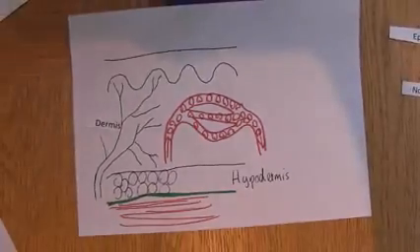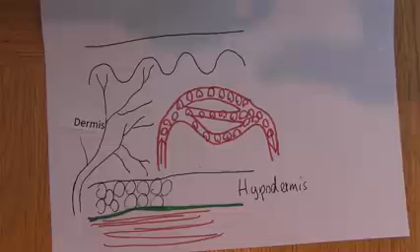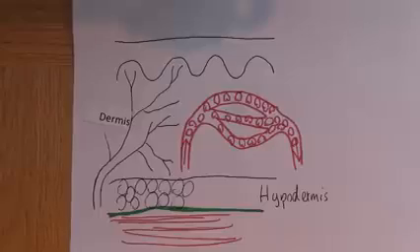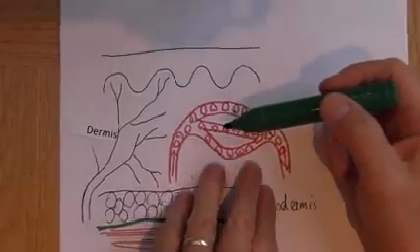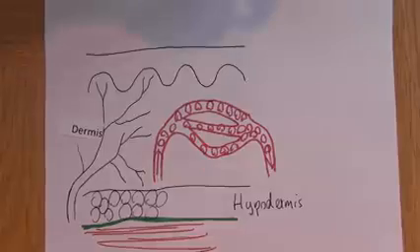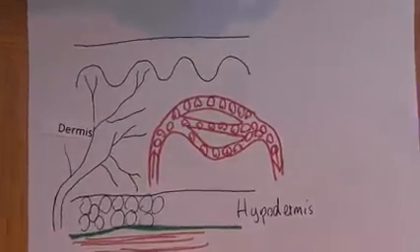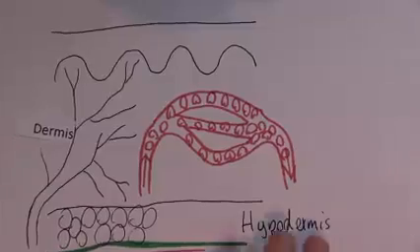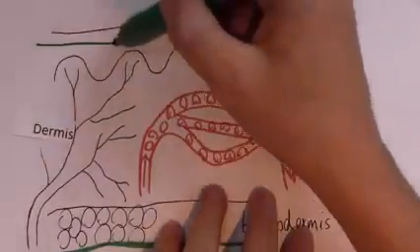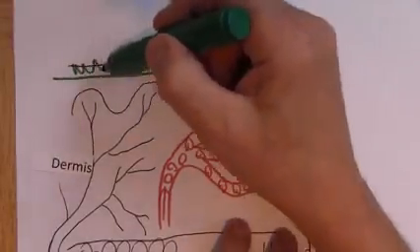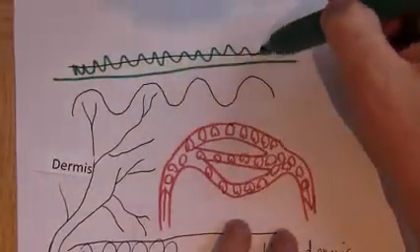Now, these injuries we mentioned, the superficial injuries, are injuries where only the epidermis is affected. So they're only affecting the epidermis. So a superficial injury might be something like that, where just the top part of the epidermis is burnt away.